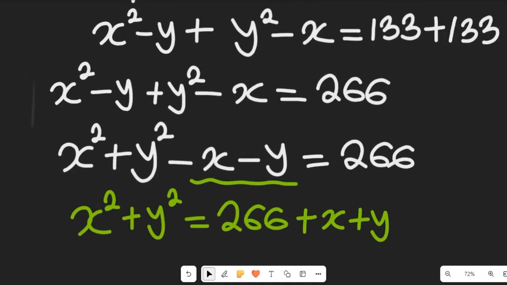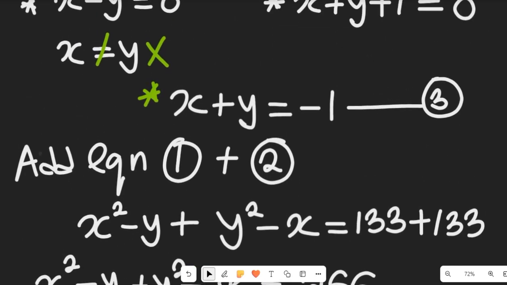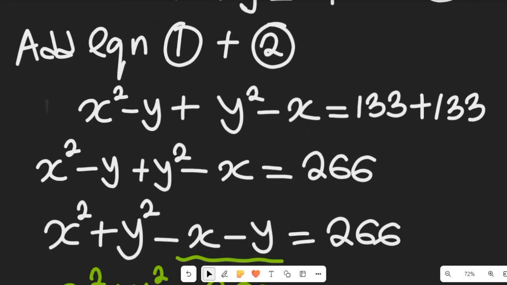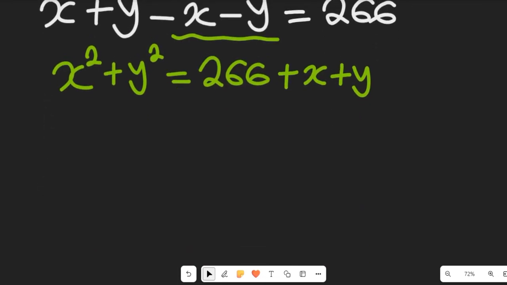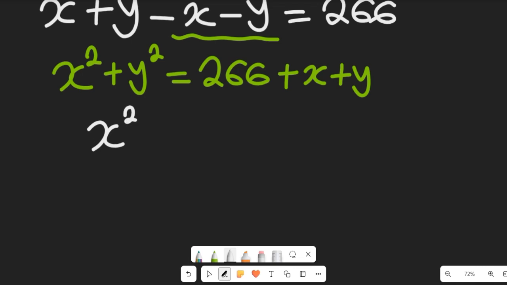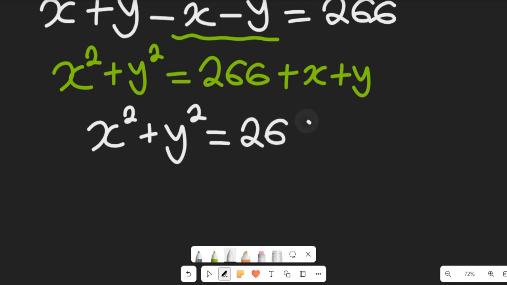Now what do we have from equation 3? x plus y is equal to minus 1. So that expression will now give us x squared plus y squared will be equal to 266 plus minus 1.